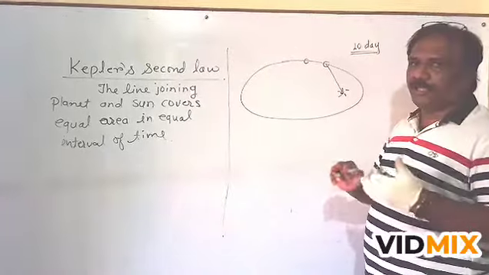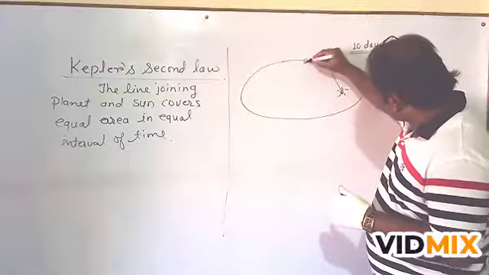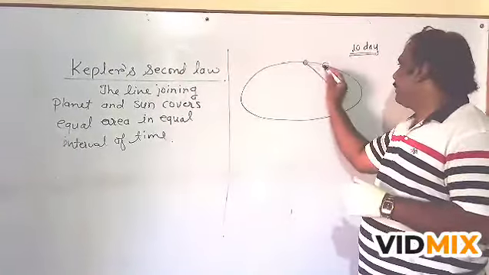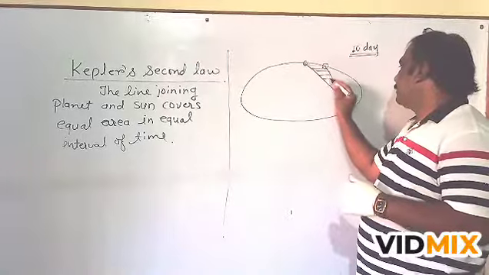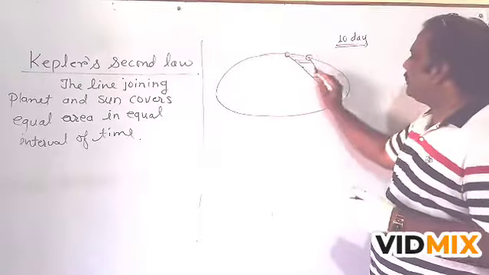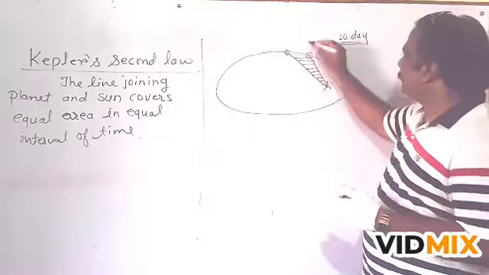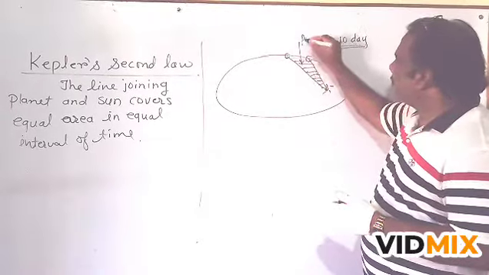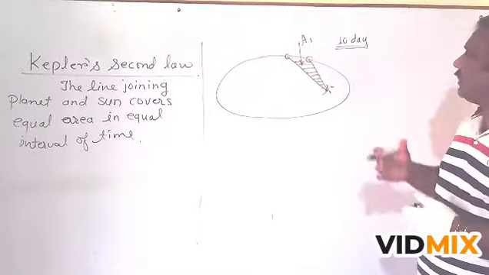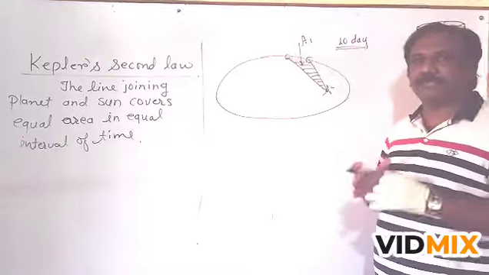It means this line sweeps this much area in these 10 days. This is the shaded portion. Let this area be A1. As per this law, in equal time intervals, this line always sweeps equal area.